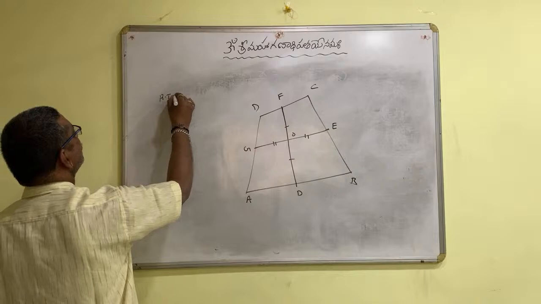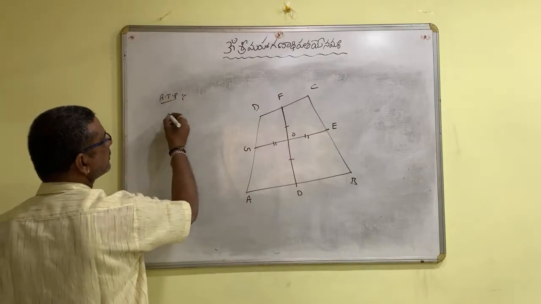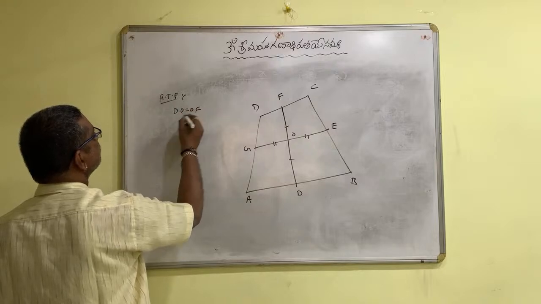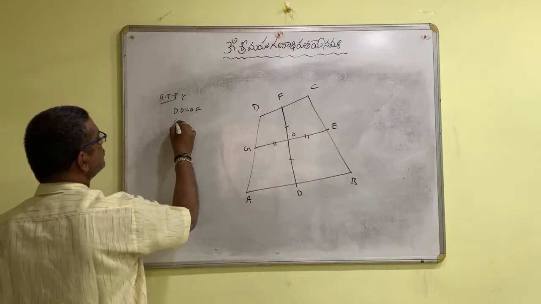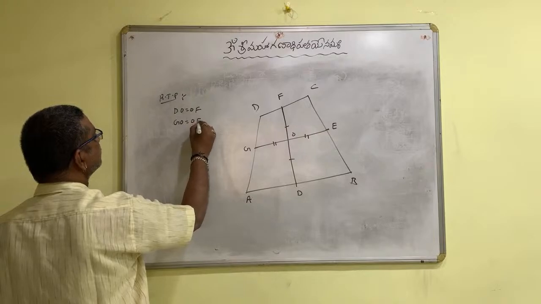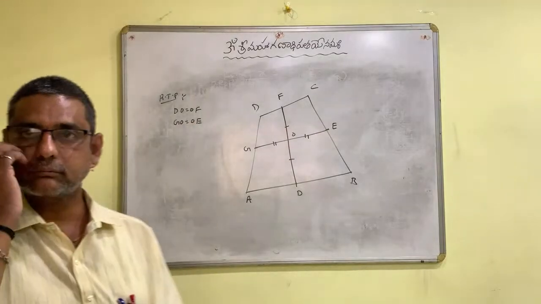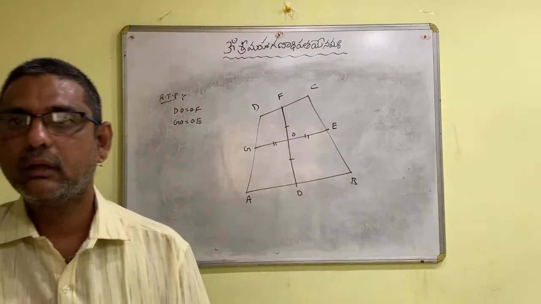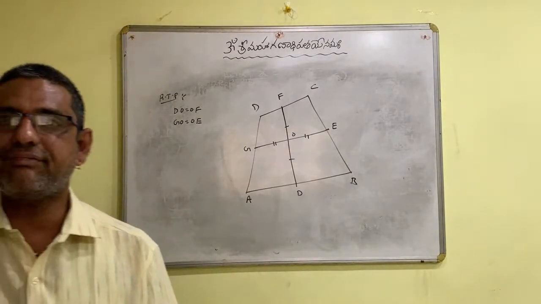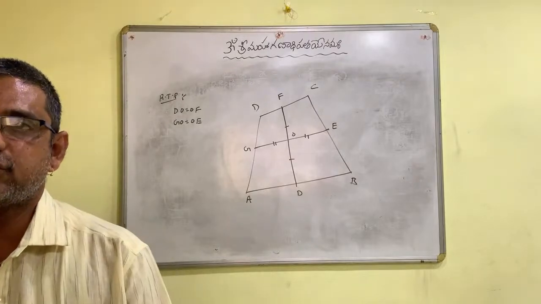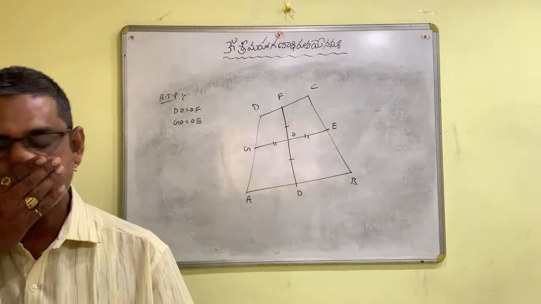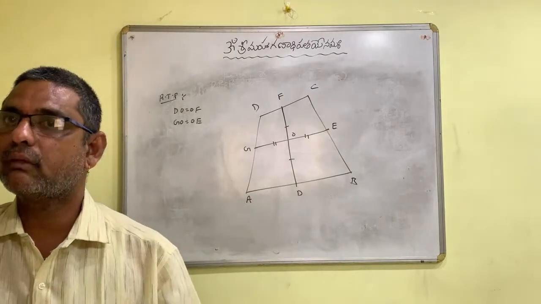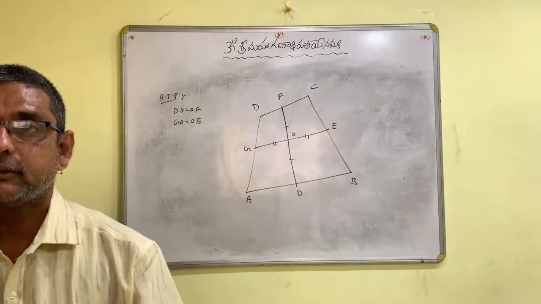That means what is required to prove is DO is equal to OF, GO is equal to OE. Okay?